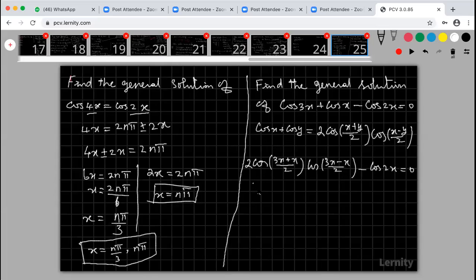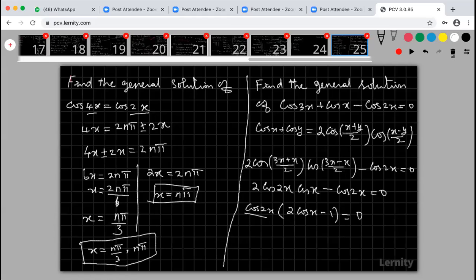So this is 2 cos of 4x by 2, that is 2x, cos of 2x by 2, that is x, minus cos 2x equal to 0. Now cos 2x is common, take it outside. Therefore, I will get cos 2x into (2 cos x minus 1) equal to 0.